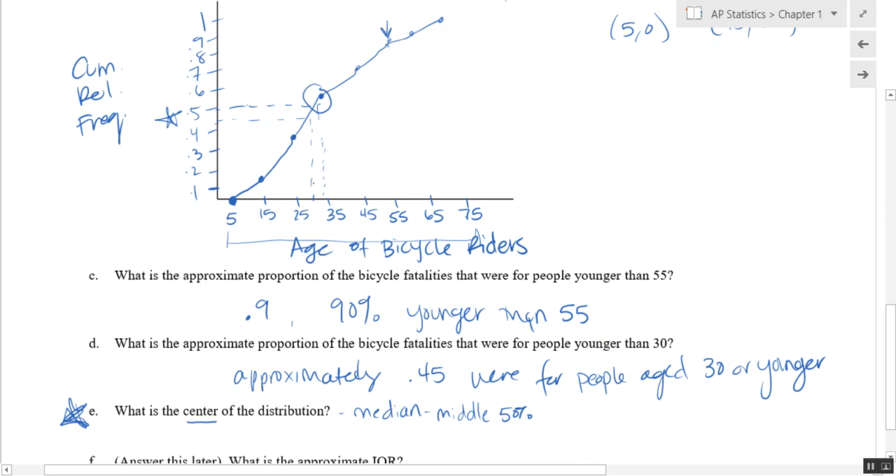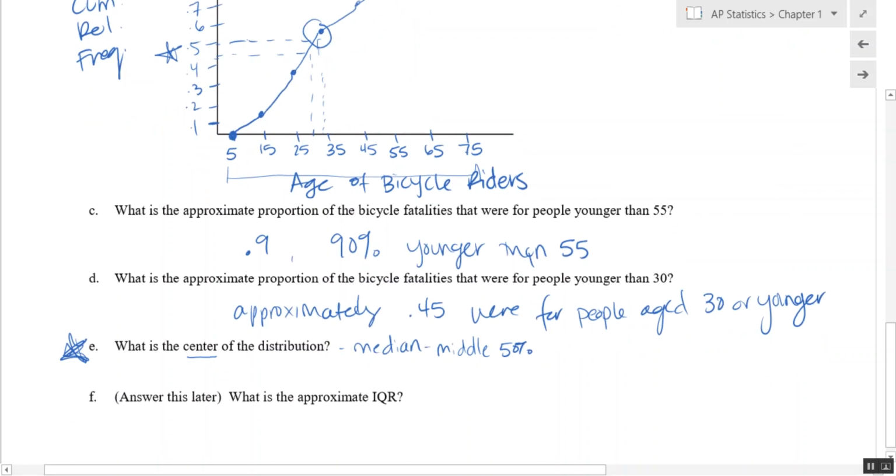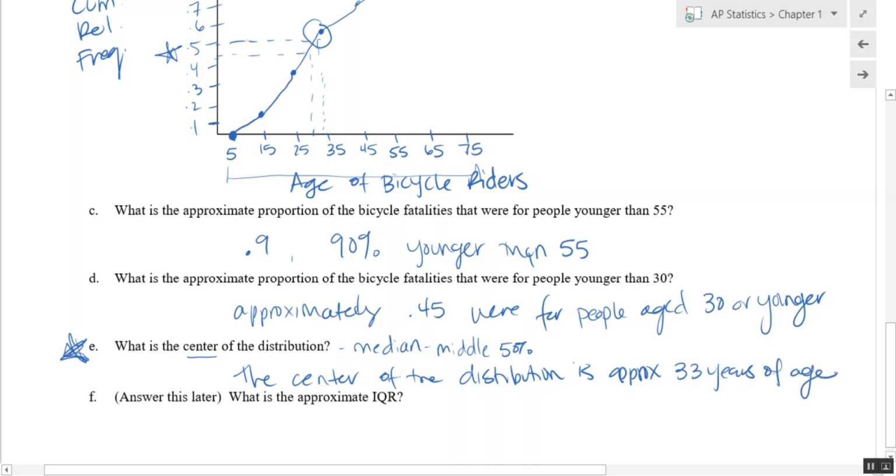My estimate's just a little bit lower than 35, so I'm going to maybe say 33. So I'm going to say the center of the distribution is approximately 33 years of age. Okay, but this is a very common question to see.